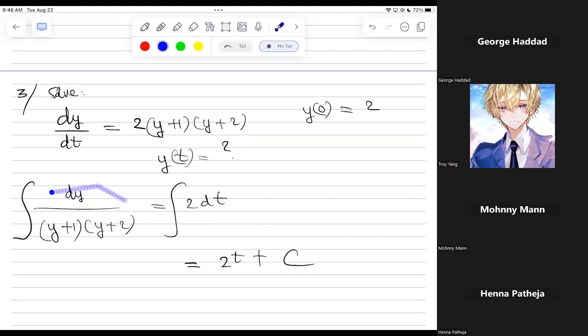What is the left-hand side here? For the integral on the left-hand side, we need to use partial fraction decomposition.